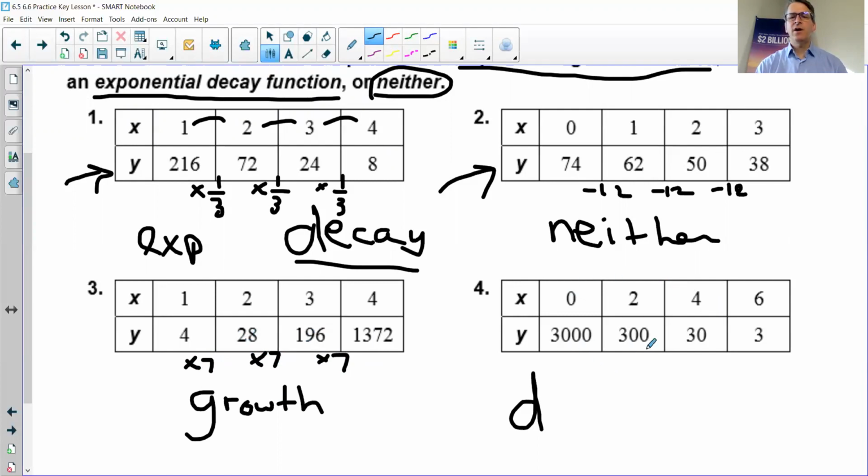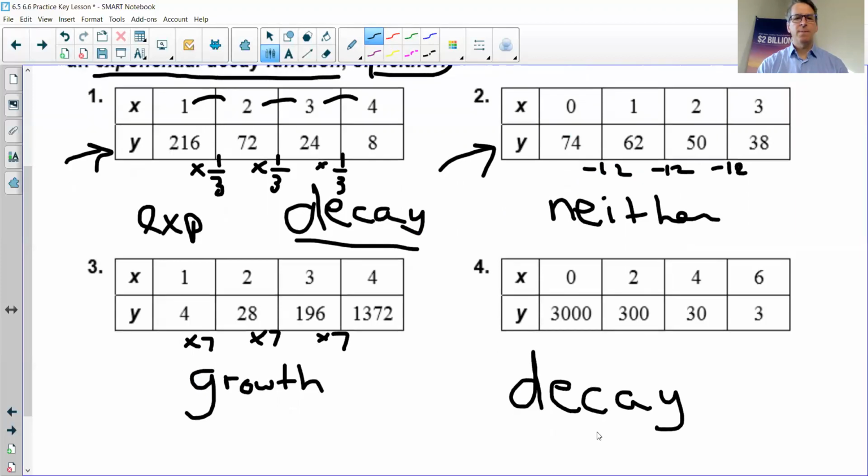So to get from 3,000 to 300, you're dividing by 2. So this is a decay also, exponential decay. So answer for 1 is decay. 2 is neither. It's not multiplied, it's just subtracted. This is actually linear.